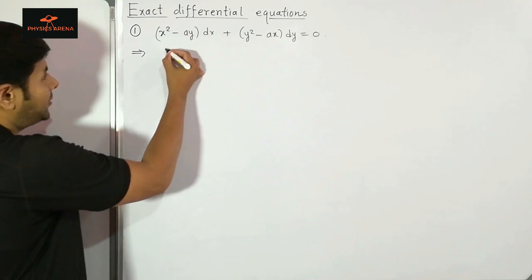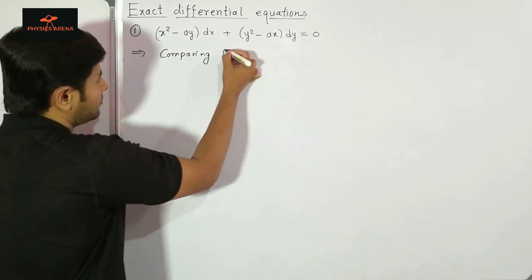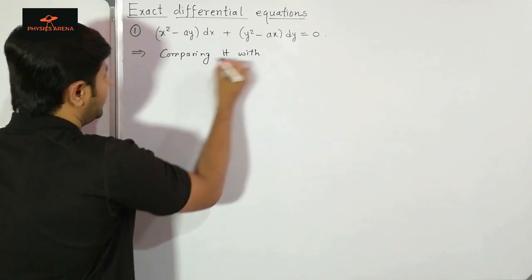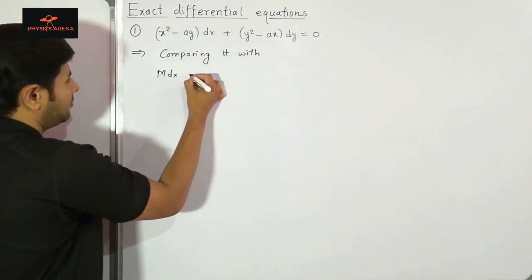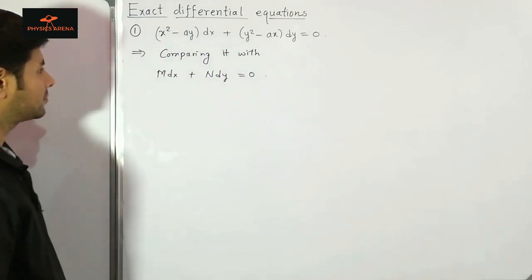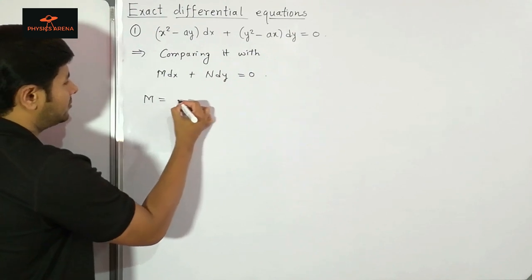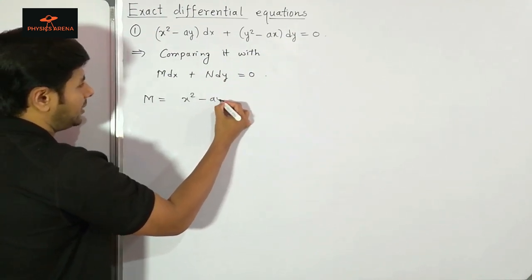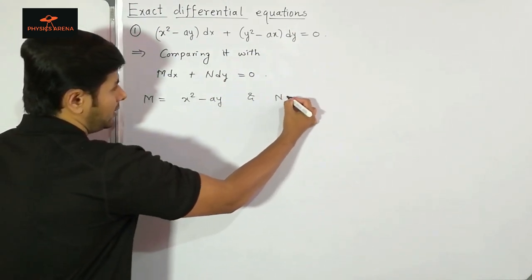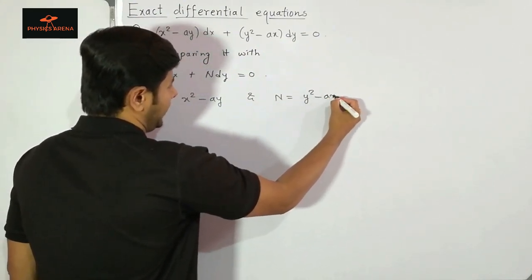And for that, we need to compare it with m dx plus n dy equals to 0. And comparing, we get m equals to x square minus ay and n is equal to y square minus ax.